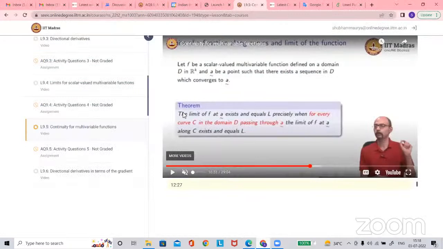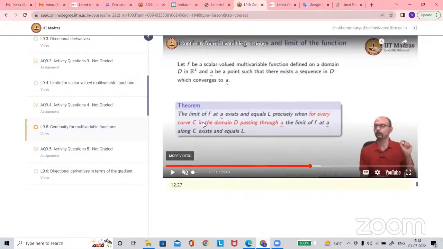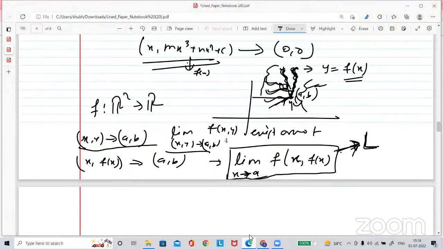As you can see, the limit of the function at point A exists and equals L precisely when, for every curve C in the domain D, whatever curve we are approaching along, this is in R2.